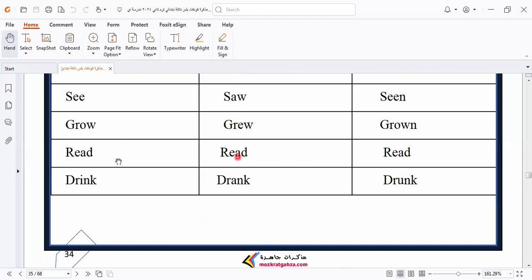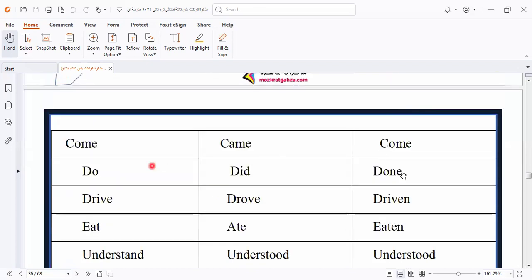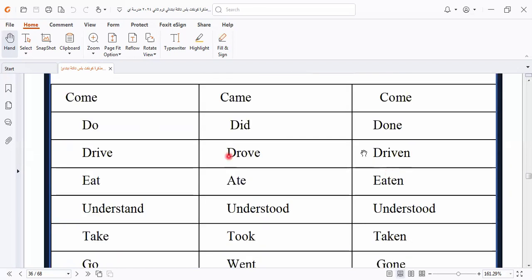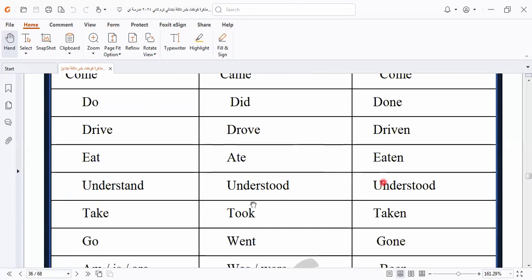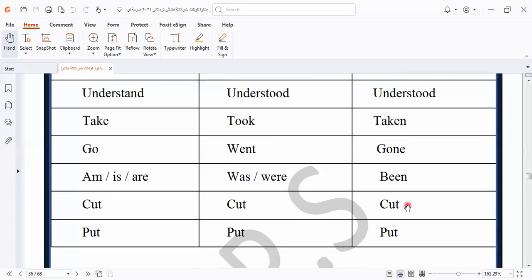We say read, read, drink, drank, come, came, come, do, did, done, drive, drove, driven, eat, ate, eaten, understand, understood, take, took, taken, go, went, gone, be, am, is, are, was, were, been, cut, put.